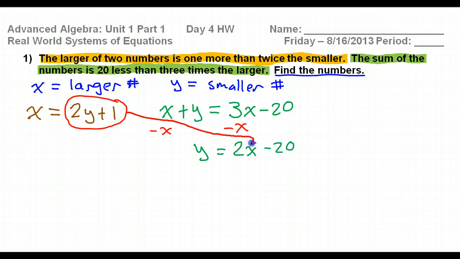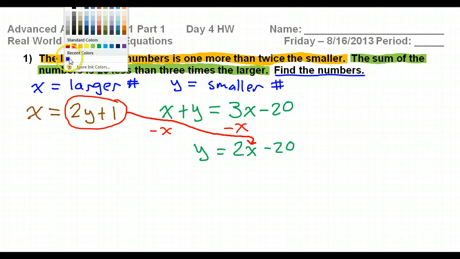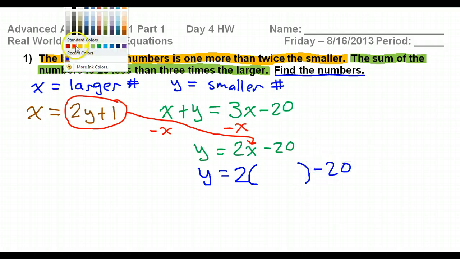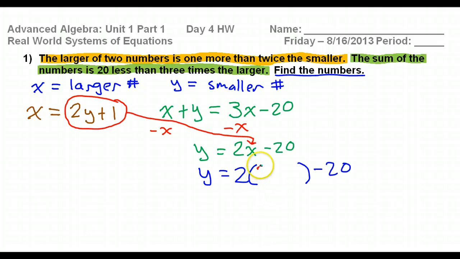If I do that, then this equation is going to become y equals 2 parentheses minus 20. And inside the parentheses goes my 2y plus 1, because that is what I am substituting. If I do a little distributive property right now, bam, bam, then that's going to give me 4y plus 2.